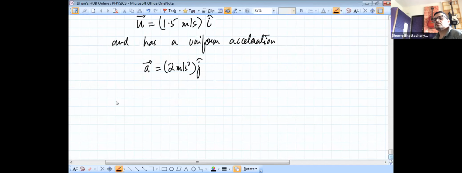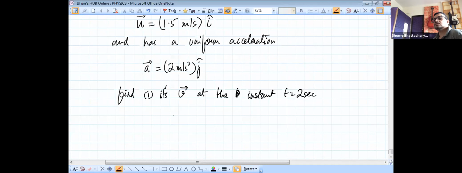So find its velocity v at the instant t equal to 2 seconds.